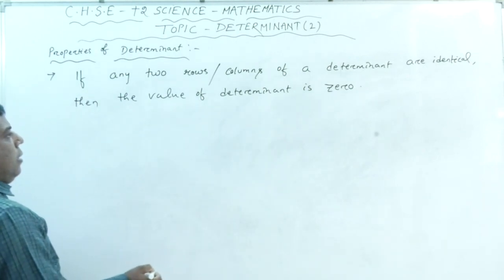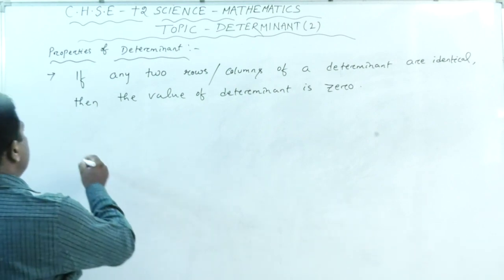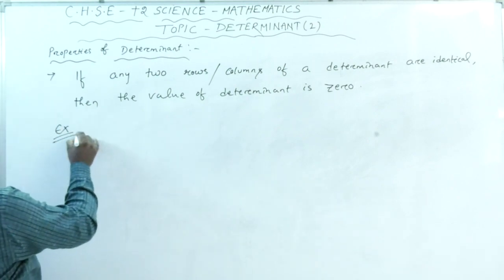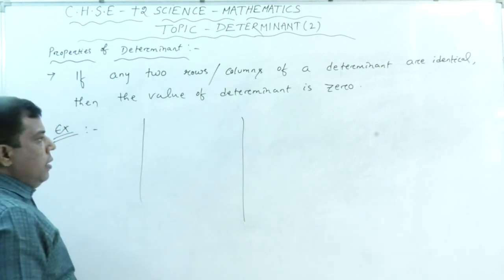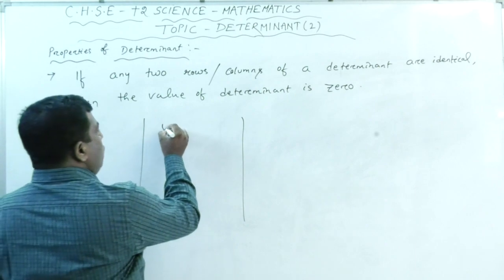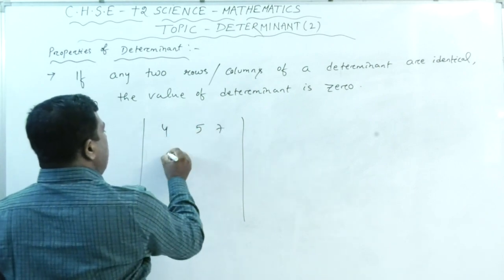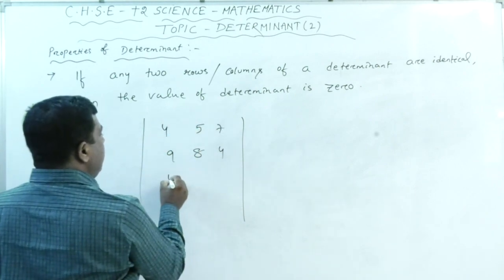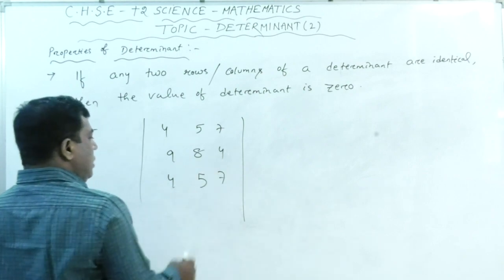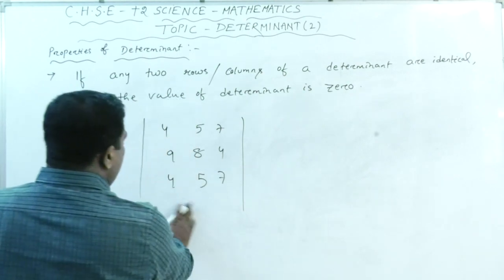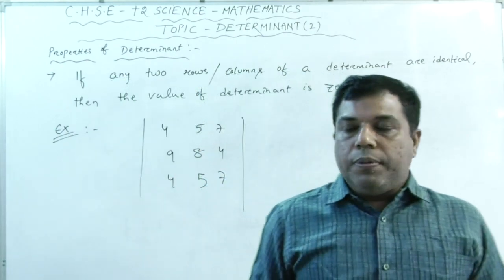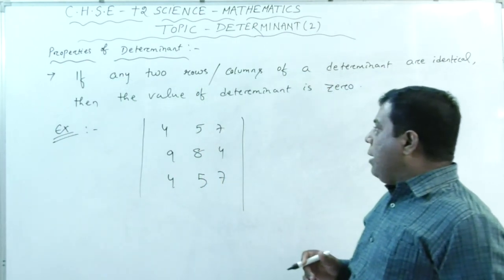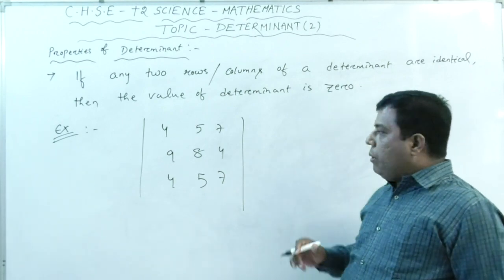You can understand this with an example also. Let us take one determinant which is 4 5 7, 9 8 4 and again 4 5 7. If somebody asks you what is the value of this determinant, everyone can say we have to find it out.